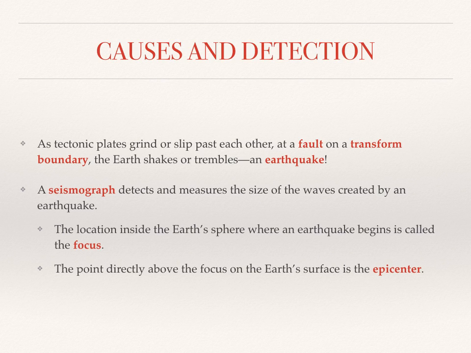A tool called a seismograph can detect and measure the size of the waves created by an earthquake. The location deep inside the earth where the earthquake begins is called the focus, and the point directly above the focus on the surface of the earth is the epicenter.